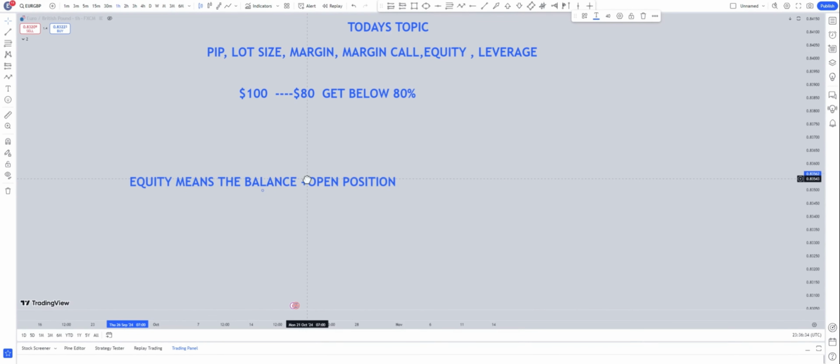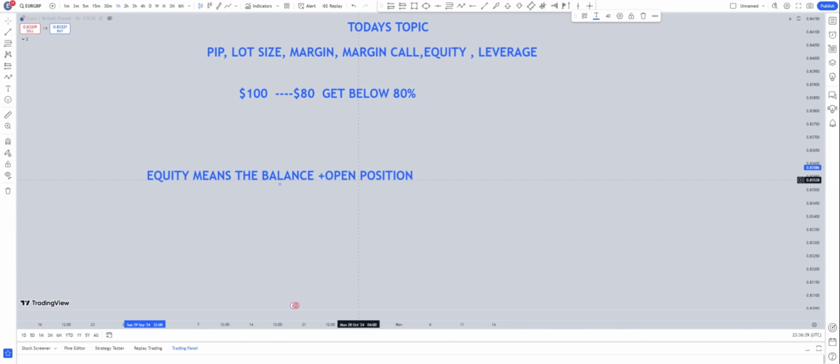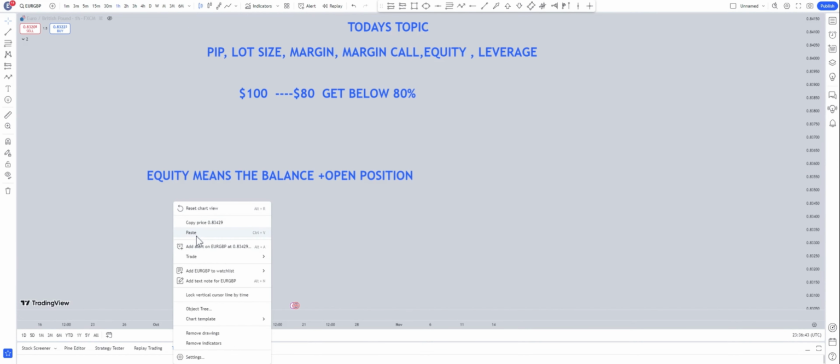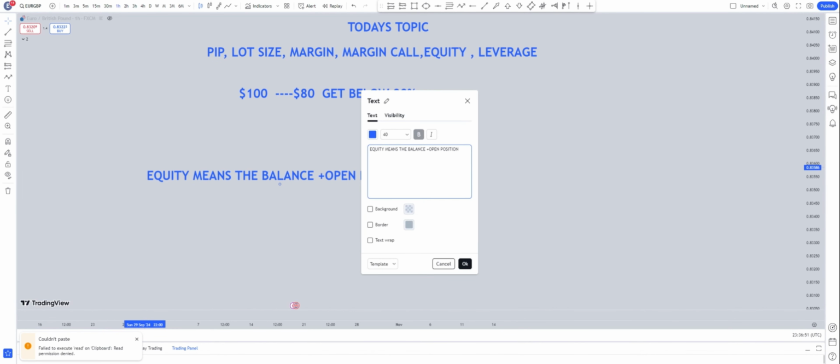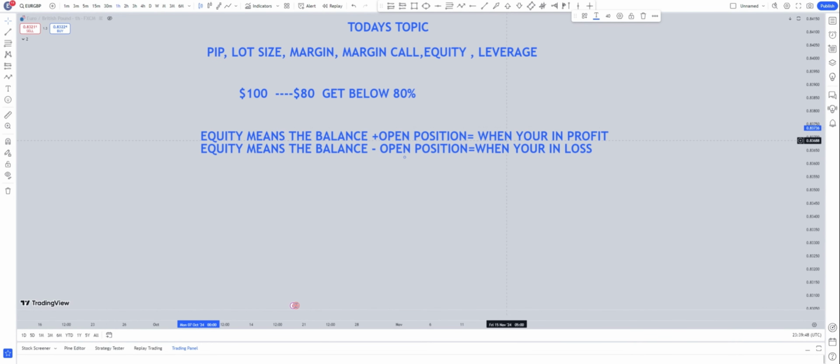So that's just what equity is. Those are the two scenarios. The first scenario comes into play when you are in profit, and the second scenario comes into play when you are in loss.